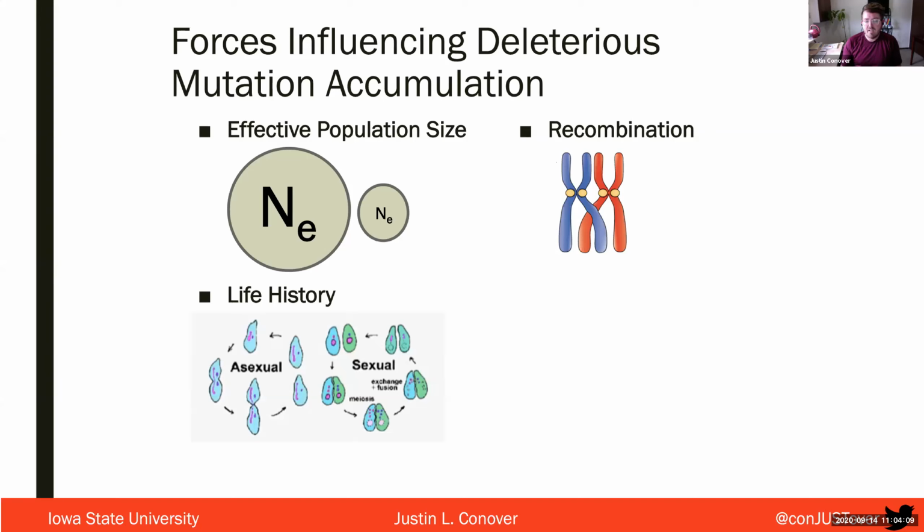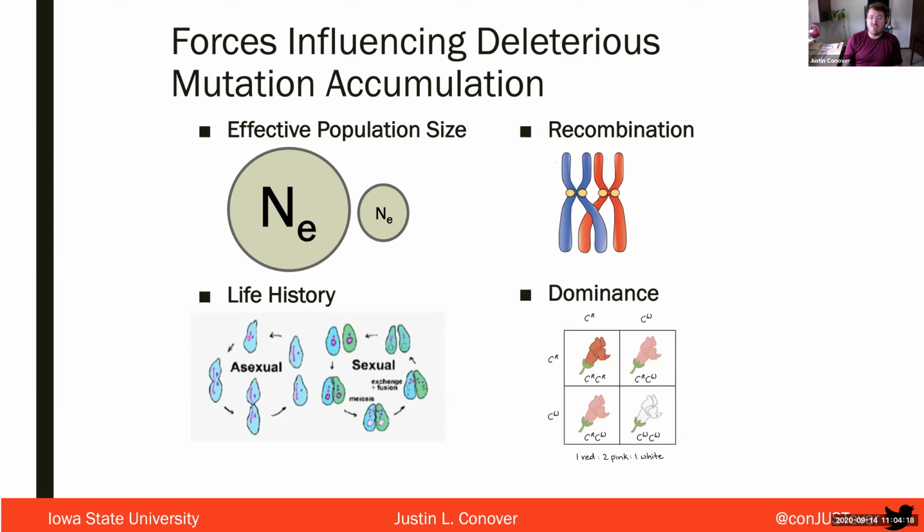We know that asexual individuals tend to accumulate deleterious mutations more often than sexual individuals do. And finally, genetic dominance also plays a role here. If there's a mutation that's, say, lethal and recessive, it can still segregate in the population at really low frequencies, but as soon as it's seen in a diploid or in a homozygous state, that individual will be purged from the population.